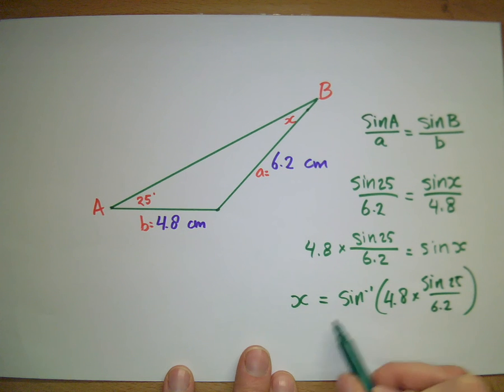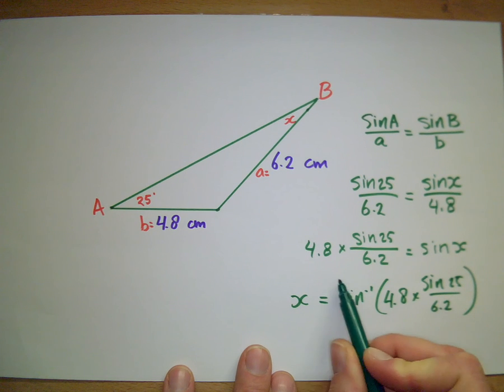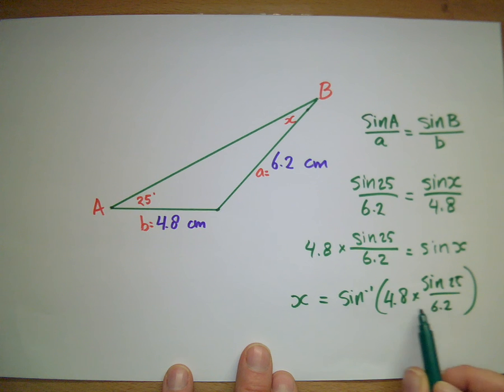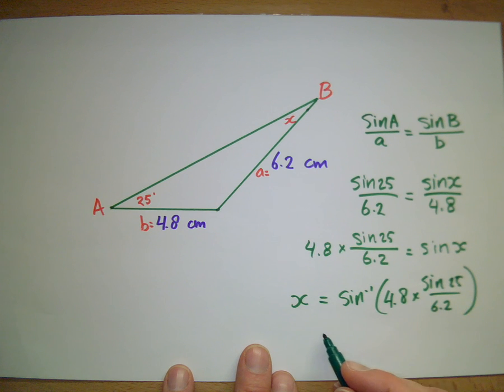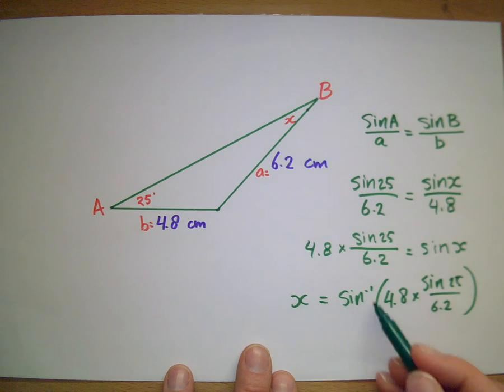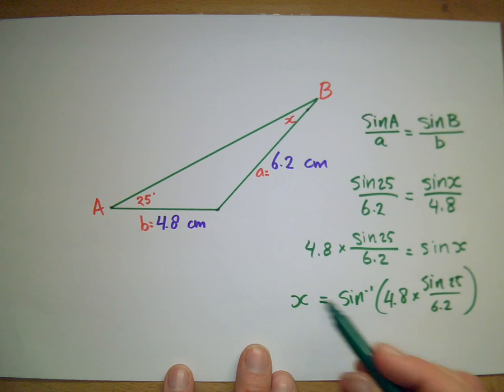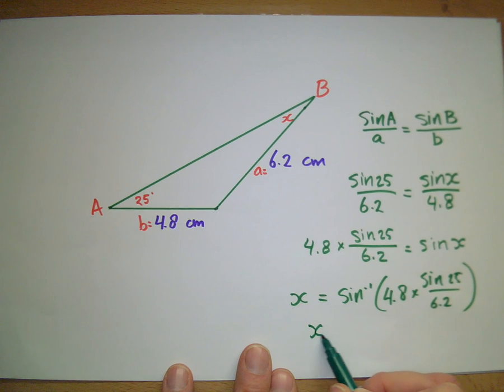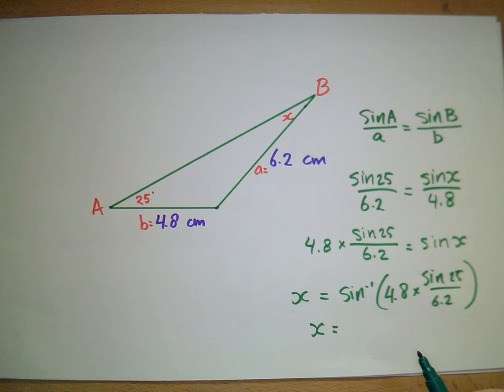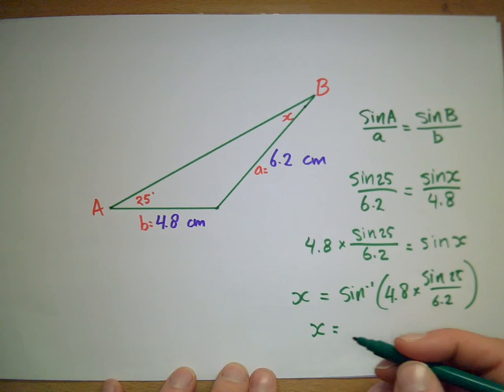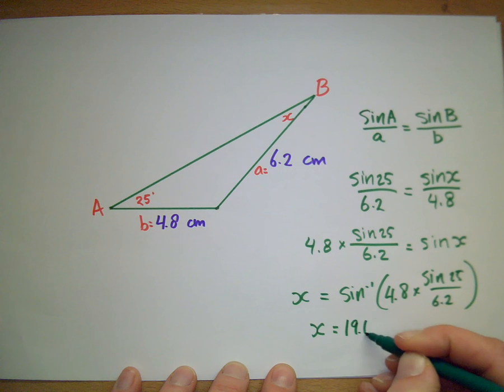And when we plug this into our calculator, and watch your parentheses, very important, we are taking the inverse sine of this whole thing. We're not taking the inverse sine of 4.8. No, this whole thing. We will find that x is equal to 19.1 degrees.